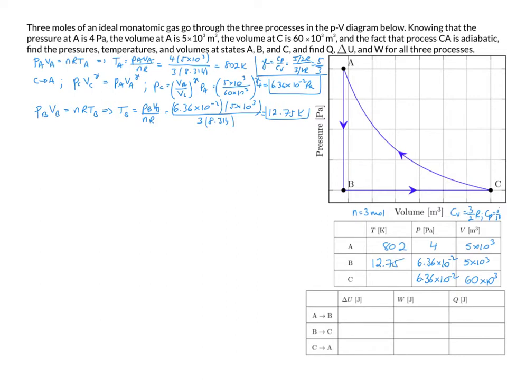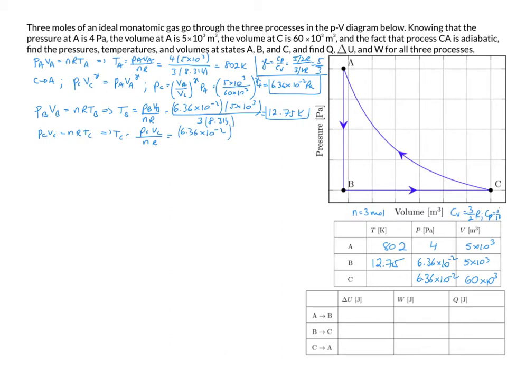Now I can do the same thing at point C. So pressure at C times volume at C is nRTC. So TC is pressure C times volume C divided by nR. Pressure at C is 6.36 times 10 to the negative 2.